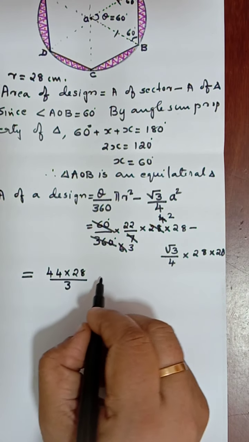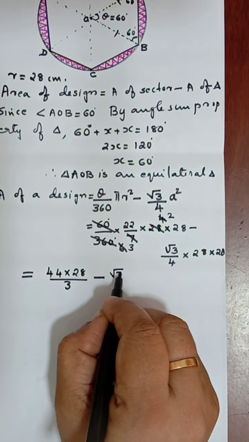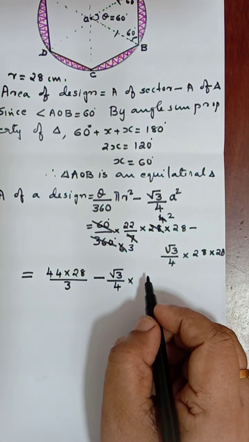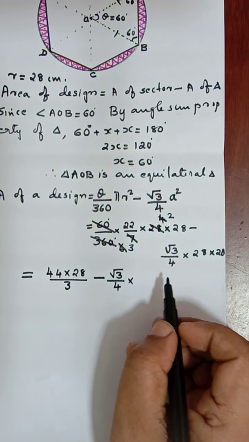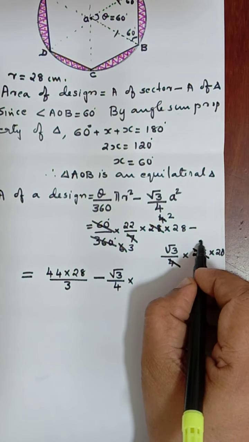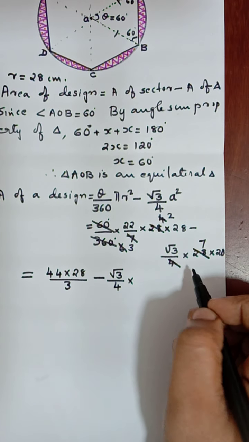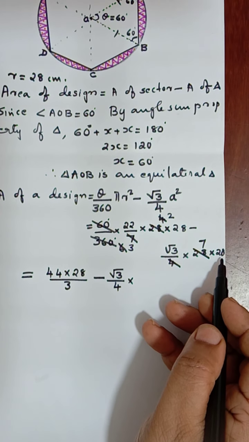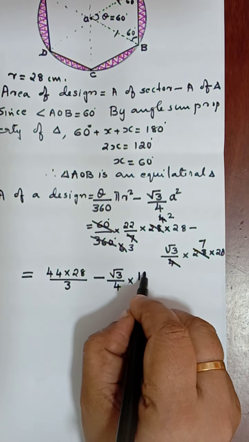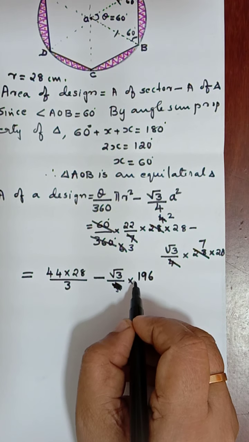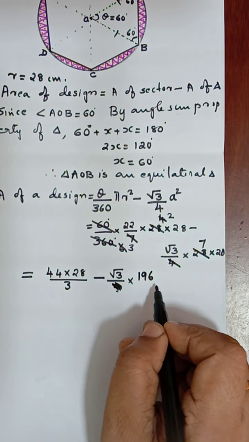Here we cannot cancel. Minus root 3 by 4 into, what is 28 square? 28 into 28. Here you can cancel 4 and 28. 7 times you are getting. So 7 into 28, here you have to multiply. 7 into 28 is 196. So here you don't have this 4. Root 3 into 196, here you are getting.